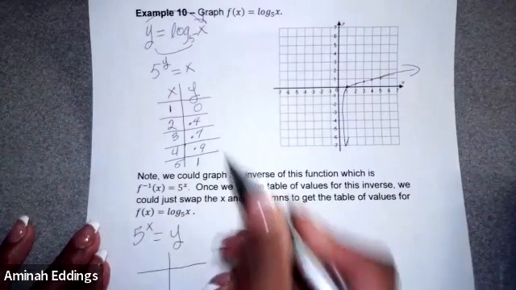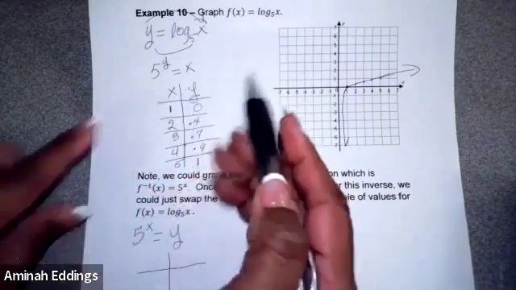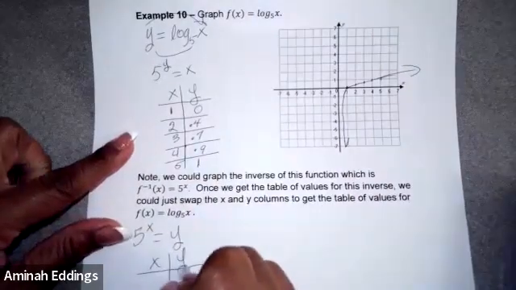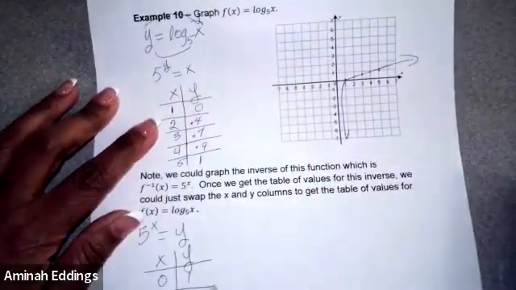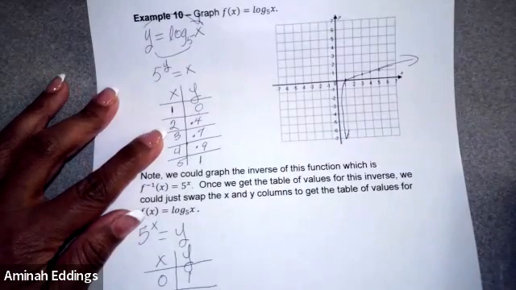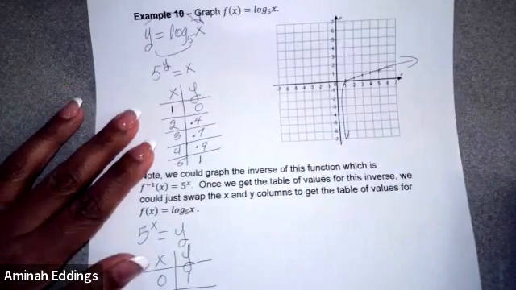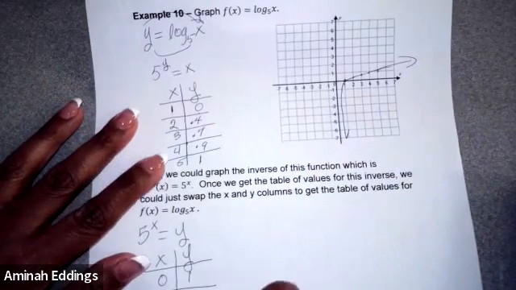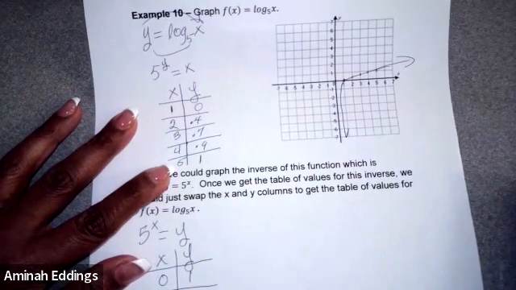And then I just literally switch my x's and y's here. So this would become 0, 1, 0.42, 0.73, 0.94, and then 1, 5.